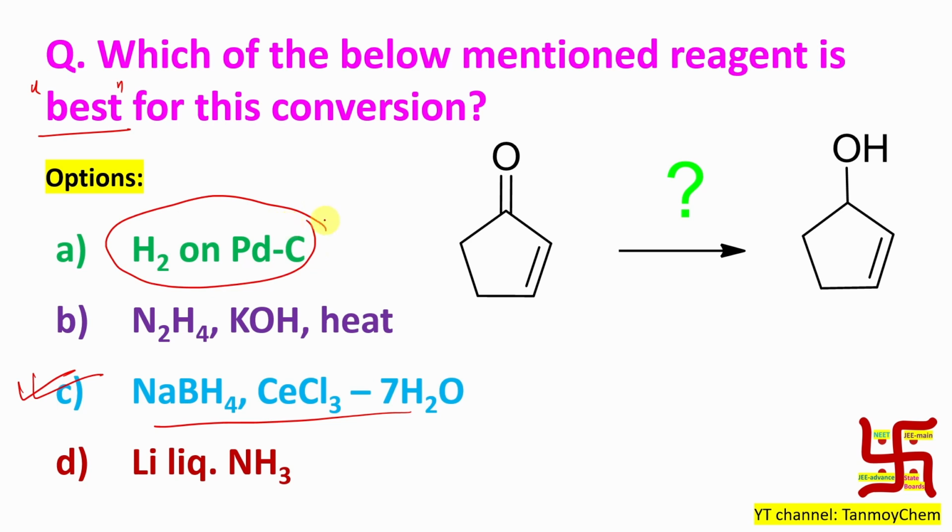But remember, some MCQs create confusion, a dilemma. At that time you need to focus on which are wrong. For example, Wolff-Kishner reduction is wrong, lithium liquid ammonia is absolutely wrong. So remove these. This is called the process of elimination. Now if you focus on A versus C, then you'll clearly understand this is more accurate. So this will be the right answer. In this way, sometimes we need to solve MCQs. I know it's a little different question, so that's why I have selected it. So this is the overall discussion.